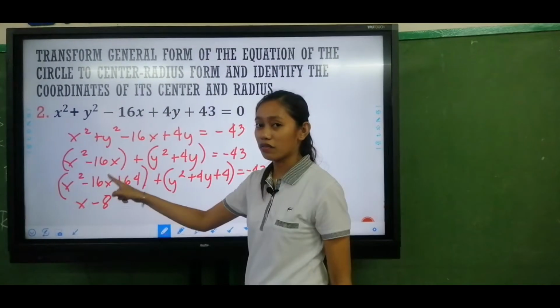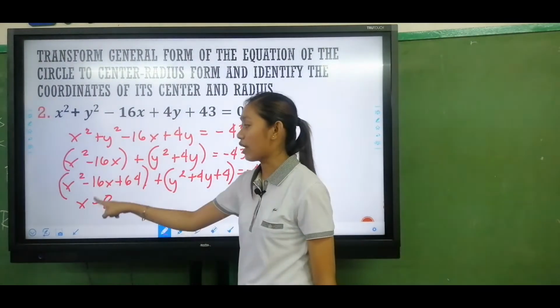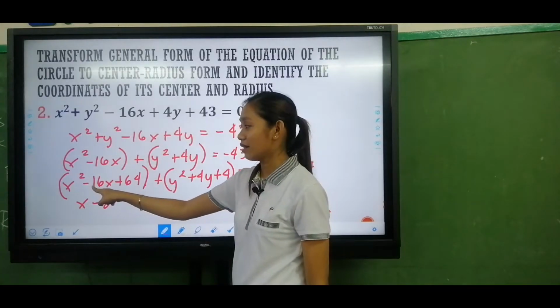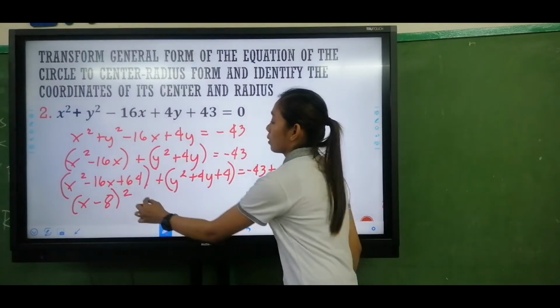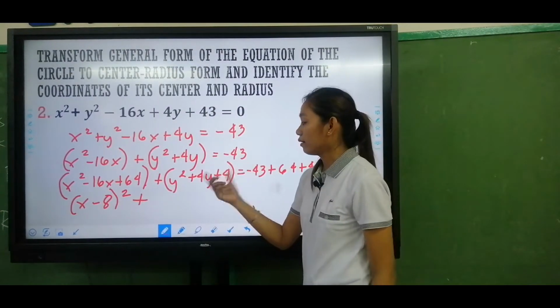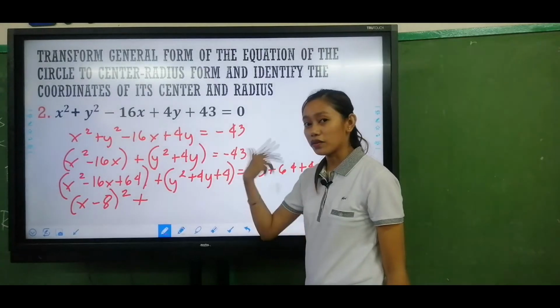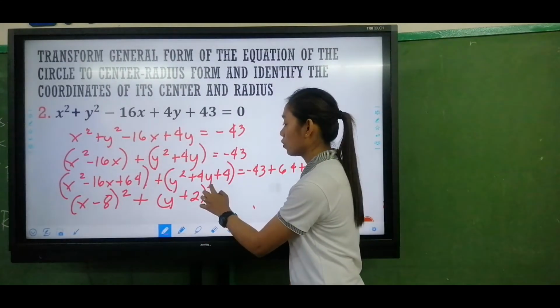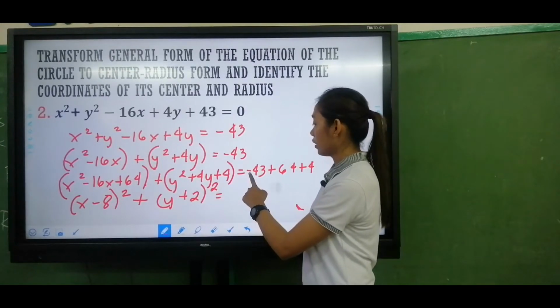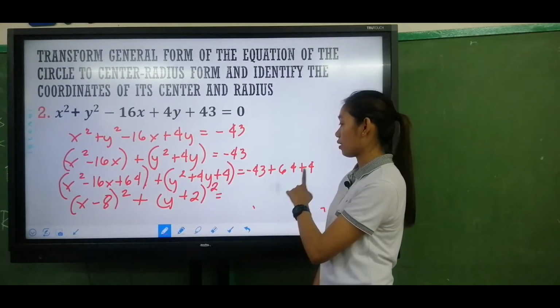Again, let me repeat, negative 8 times negative 8 is 64. Negative 8 plus negative 8 is negative 16. So this is x minus 8 squared plus 4, then 4. So it is understood that it is 2. So y plus 2 squared is equal to negative 43 plus 64 plus 4.